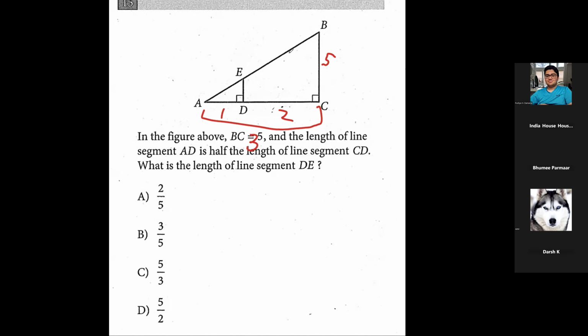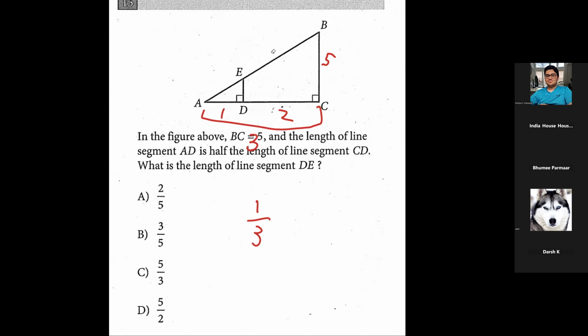It wouldn't actually be 3, considering that this is 5, but it would be some ratio of 3 to 1. So the ratio between AED and ABC is just 1/3, or 3 if you're going the other way.